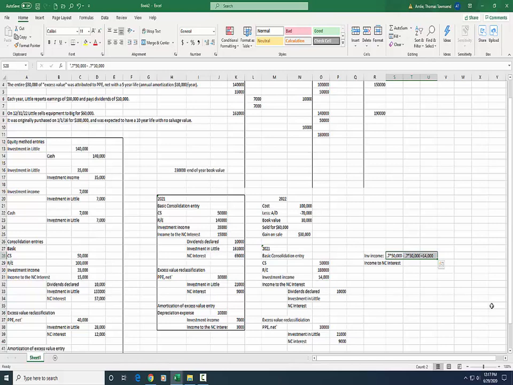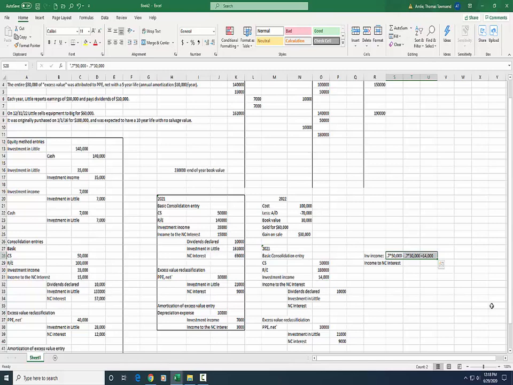The second question is, does the parent use the fully adjusted equity method or the modified or partial equity method? And again, those aren't legislated terms. Different people call them different things. As far as what the textbook refers to as the fully adjusted equity method, some people call it the full equity method, some people call it the complete equity method, some people just call it the equity method.